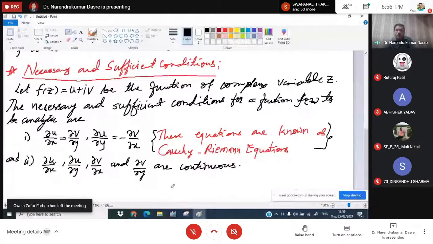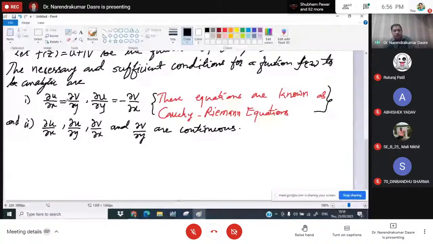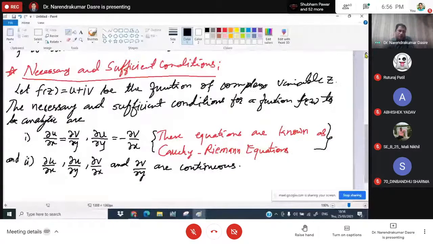then the function is analytic. So if I want a function to be analytic, I have to consider the necessary and sufficient conditions. By definition, we know that the function is analytic if it is differentiable at every point in the bounded region.